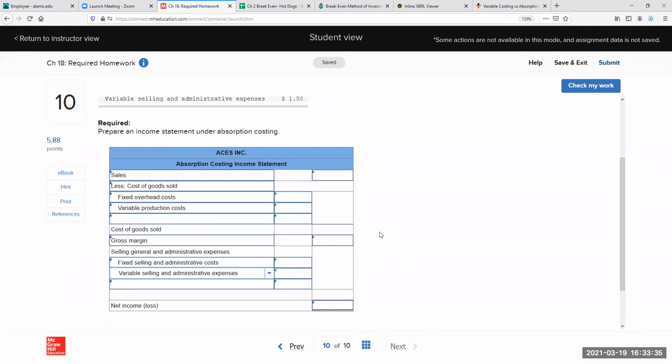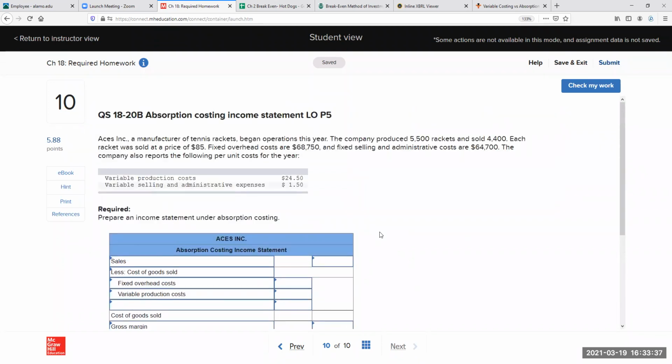So let's try this now. Here we sold 4,400, produced 4,400. So we sold 4,400 times a price of $85. There's our 374, and our fixed overhead, 68,750, and our production costs are 2,450.